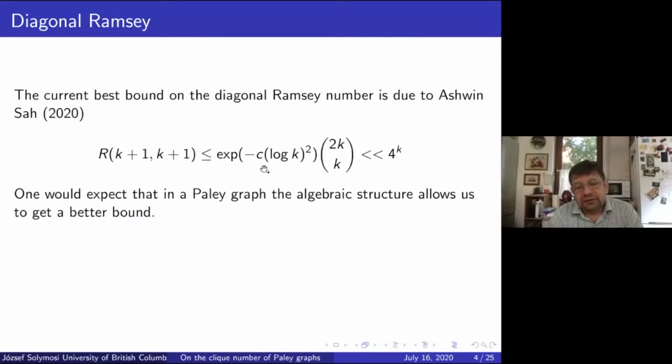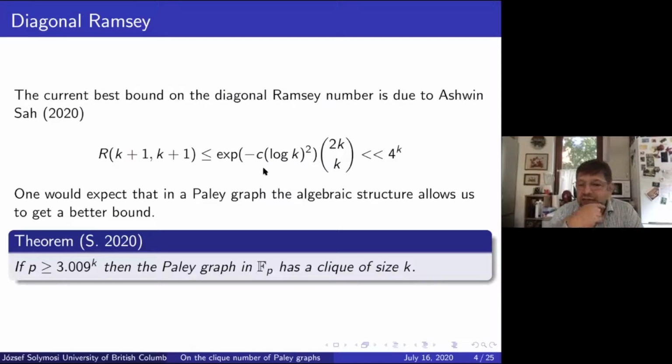One would expect maybe that for the Paley graph we can do better, and indeed we can do better. I will show you one example here. I don't think this result is sharp. I think that the constant can be improved by more involved calculations, but this is a relatively simple bound.